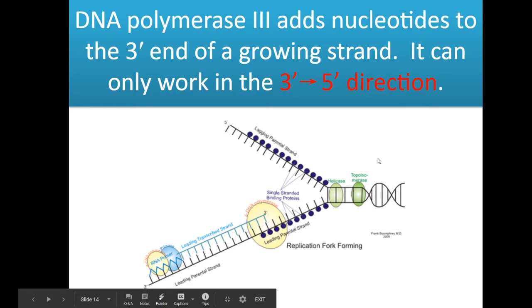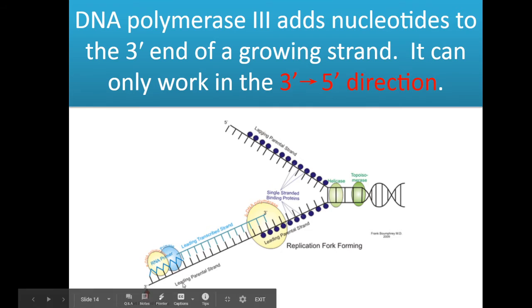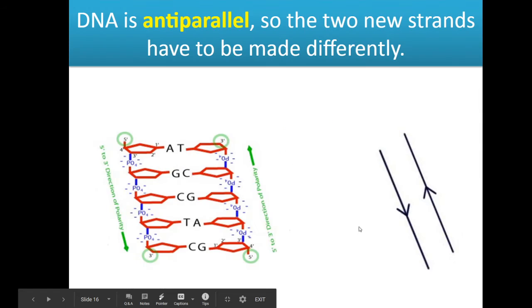Remember that all of this is only ever going to work in the 3' to 5' direction on the conserved strand, the parental strand. This is the part of the original that is unwound, opened up for replication to occur. We're looking for the 3' to the 5' of that strand in particular. You can see it labeled right down there.